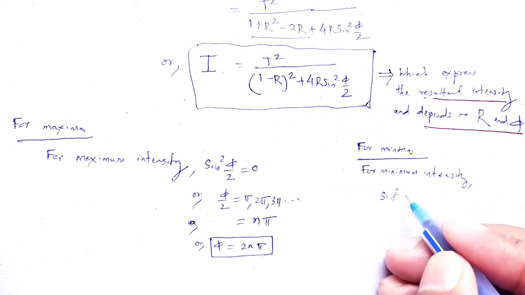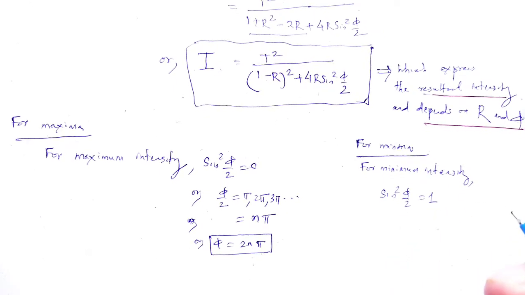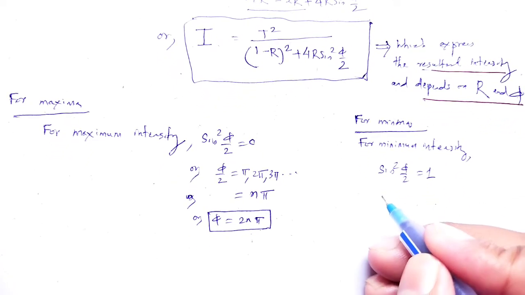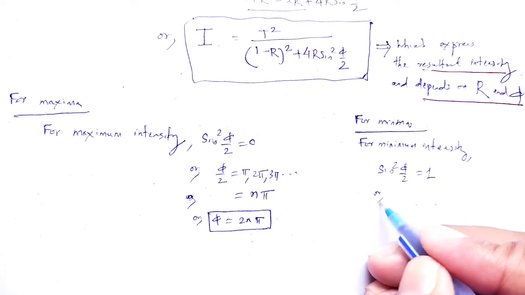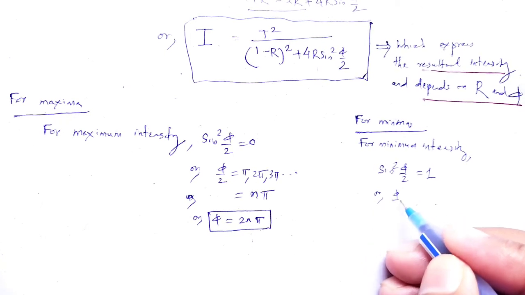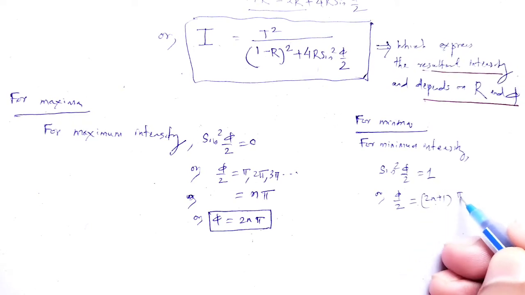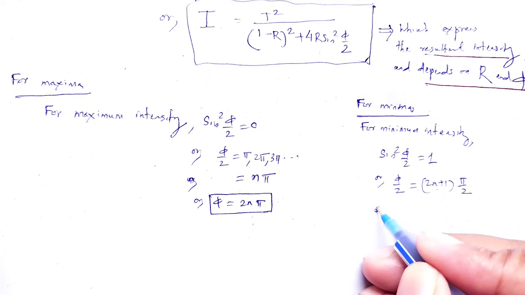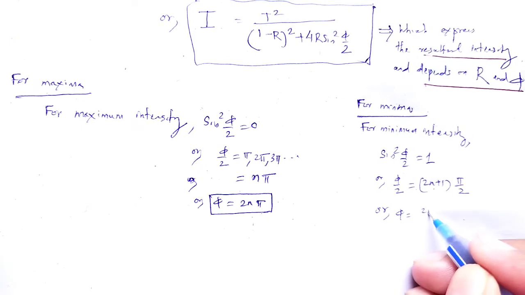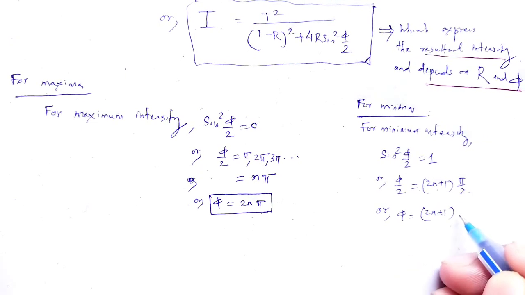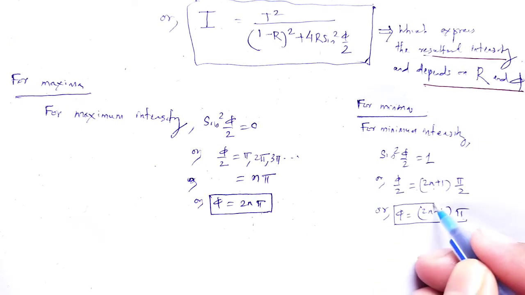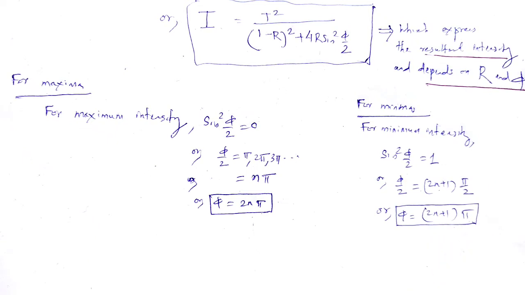So, sin square phi by 2 is equal to 1, or phi by 2 is 2n plus 1 times pi by 2, or an odd multiple of pi by 2, or phi is equal to 2n plus 1 pi, an odd multiple of pi. Then we obtain the minimum intensity.